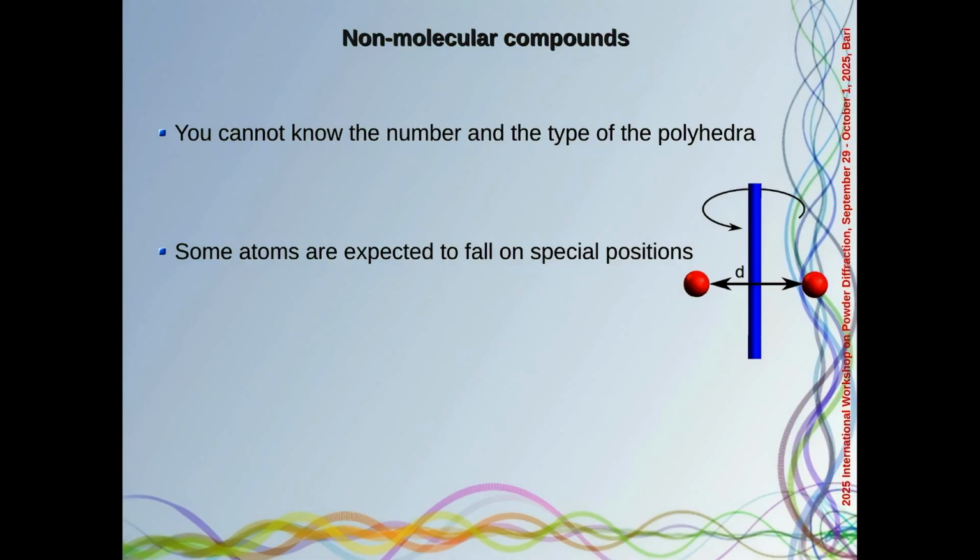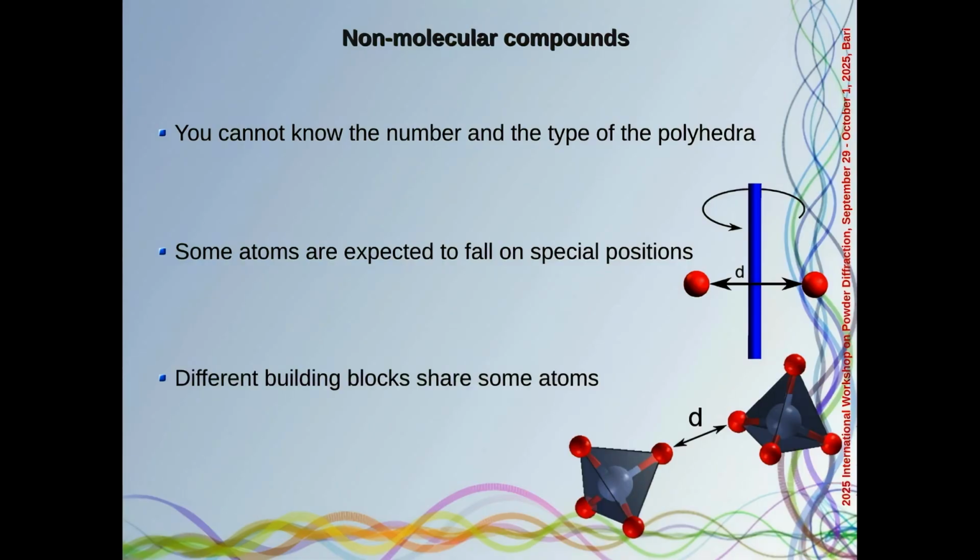Another problem you could have when you solve non-molecular compounds is that if you are describing your systems in terms of coordination polyhedra, you are introducing into your system more atoms than are really required, and in particular the corners of the polyhedra are duplicate atoms, so they are sharing the same position.